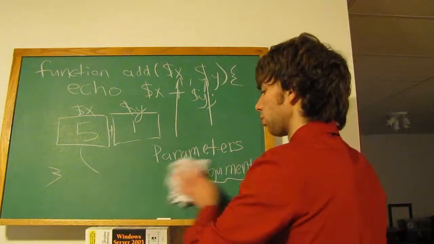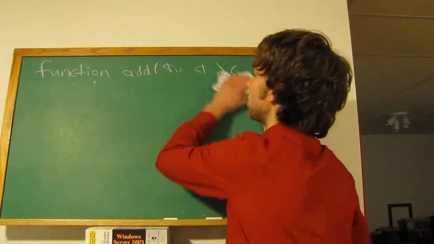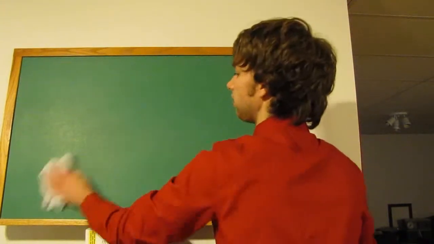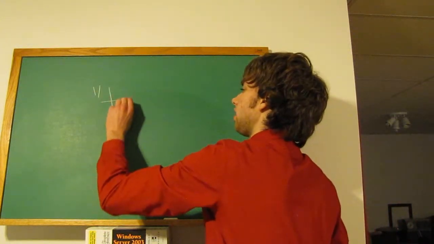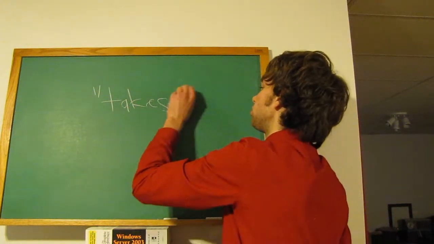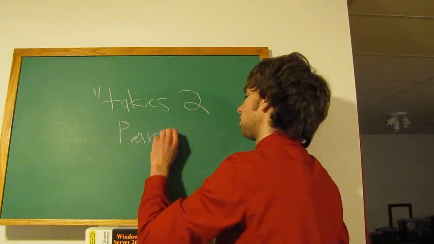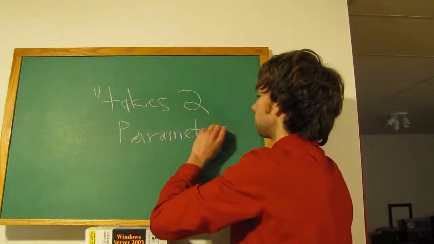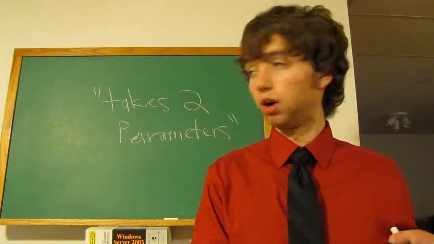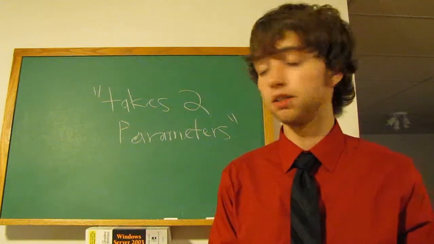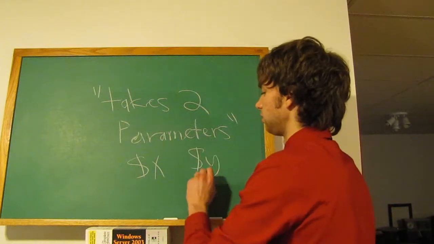When you're watching programming tutorials from other people or from me, you may hear me say, this function takes 2 parameters. This means when the function was defined, we had 2 temporary variables.